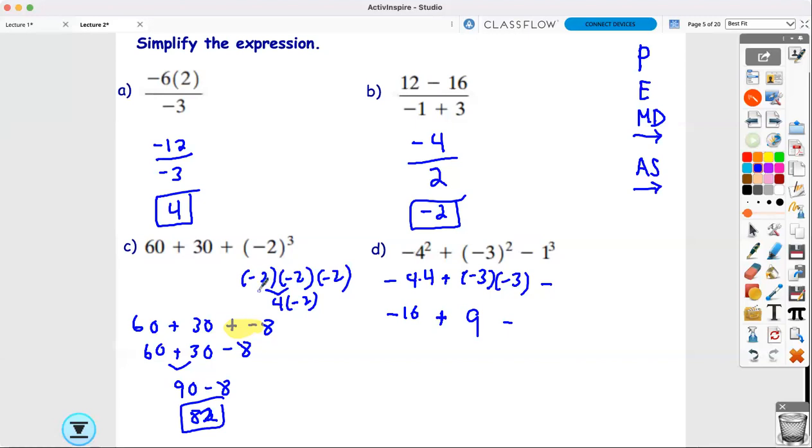We know how many negatives it takes to become a positive. 2 of them, right? So the -2 and the -2 makes a +4. You see the +4 right there? But how many more negatives do we still have? One more.